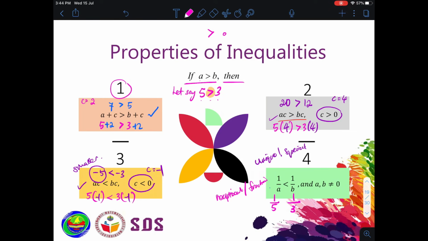From greater, it changes to lesser. This is the magic that I want to show you. From a greater symbol becoming a lesser symbol, just because of this fraction, 1 over something, which means 1 divided by the number. Just make sure that a or b, the bottom part, the denominator, cannot be 0.